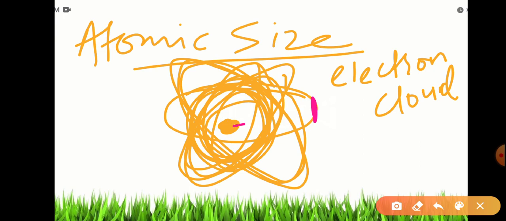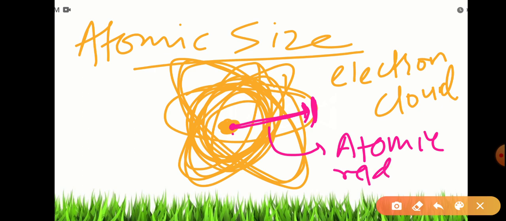The distance from the center of an atom to the last electron is called the atomic radius.